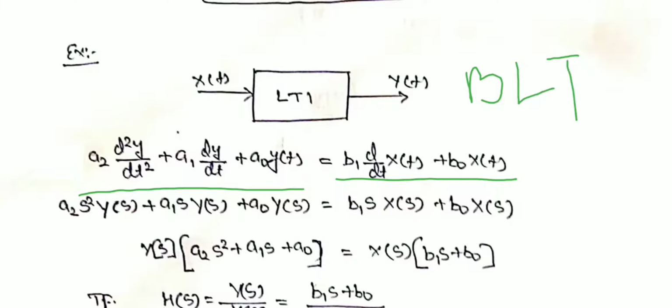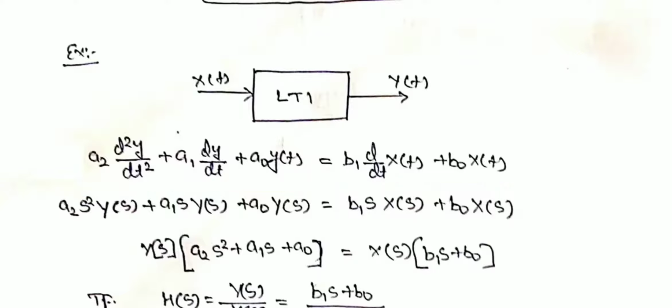There is some difference between bilateral and unilateral, which we will discuss later. In this concept, if we take the Laplace transform on both sides, we know that if differentiation is 2 times, it is multiplied by s squared. If differentiated 1 time, it is multiplied by s. If there is no differentiation, y(t) just becomes Y(s). The same case applies here for X(s).